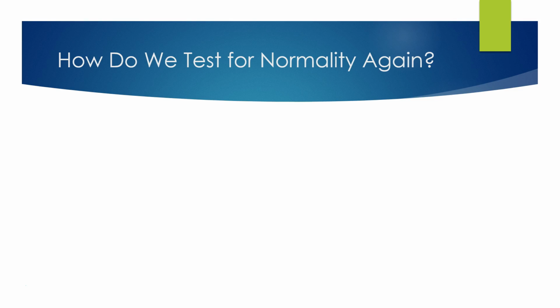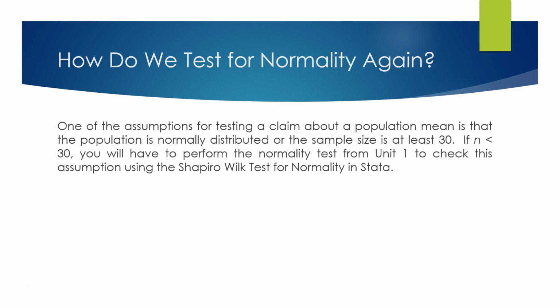So just the last reminder, how we test for normality is using the Shapiro-Wilk test for normality in STATA. So if your sample size is less than 30, this is the only time you're going to have to test for normality, because otherwise the central limit theorem is going to apply.